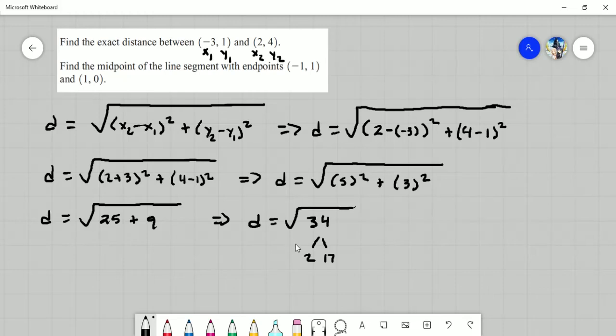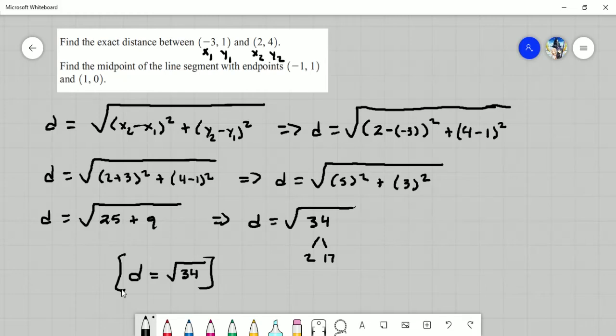So I cannot simplify the square root of 34. Therefore, the exact distance between those 2 points is the square root of 34.